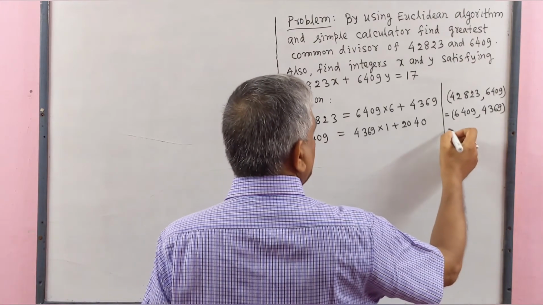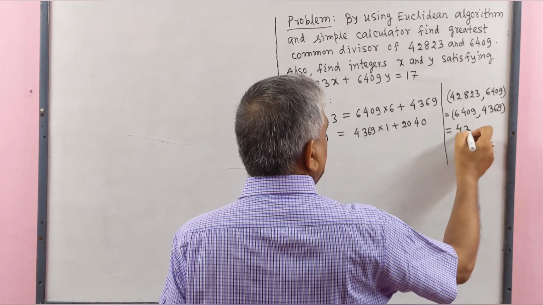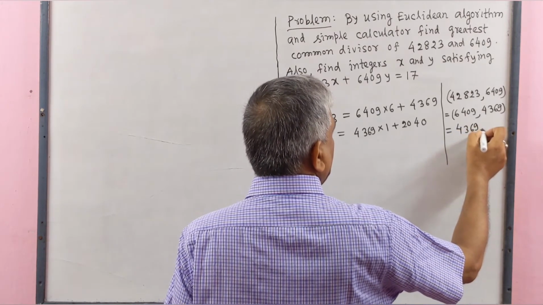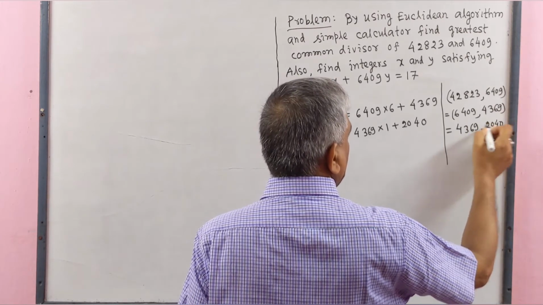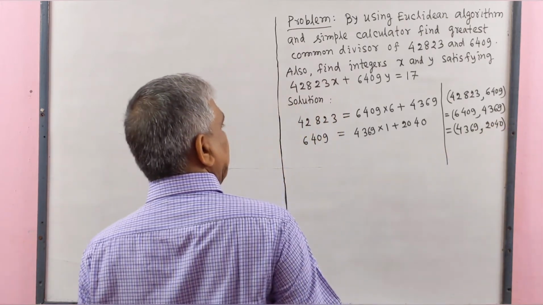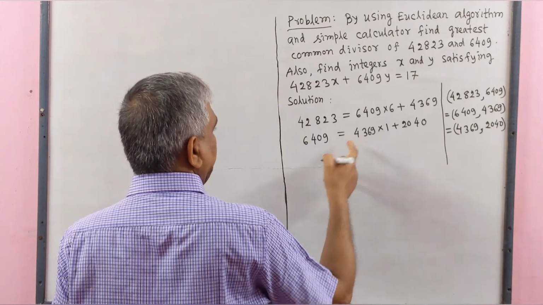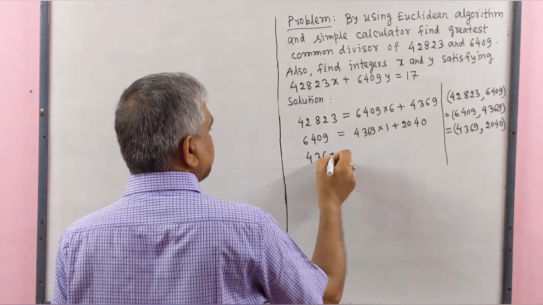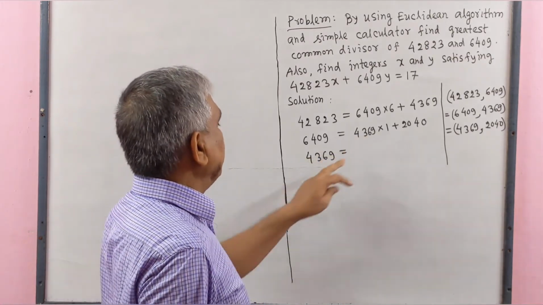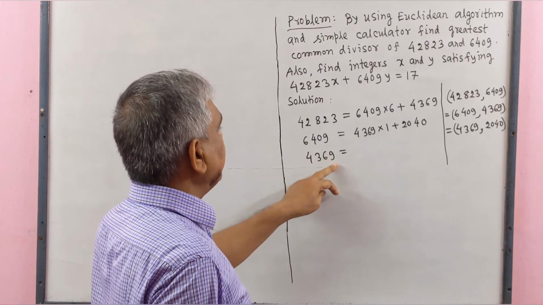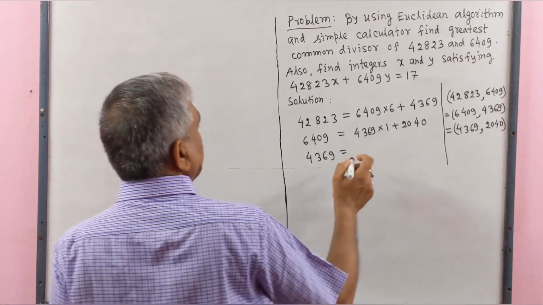Here we may write this GCD equal to the GCD of 4,369 and 2,040. Again we repeat the division algorithm. Here we write 4,369 equals, if we divide 4,369 by 2,040, we get quotient 2.